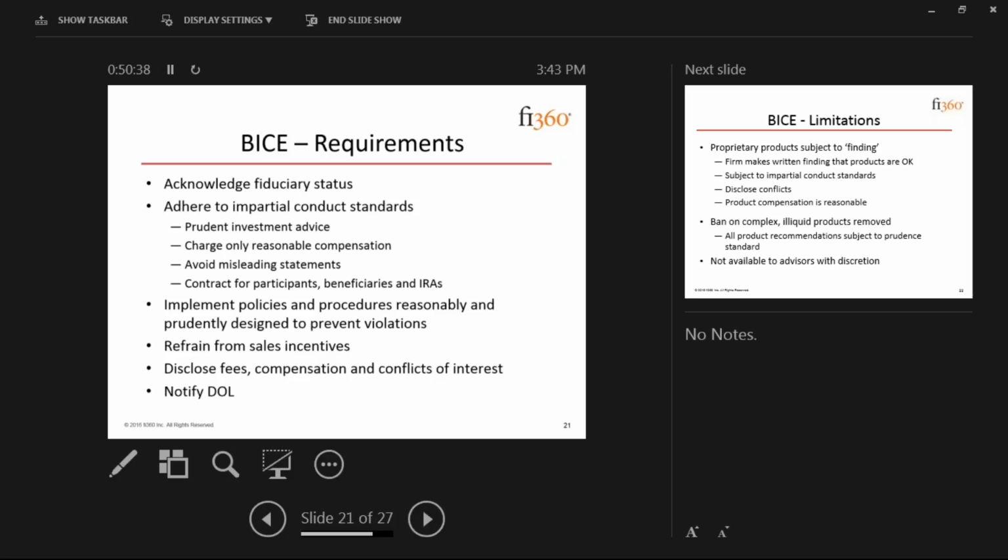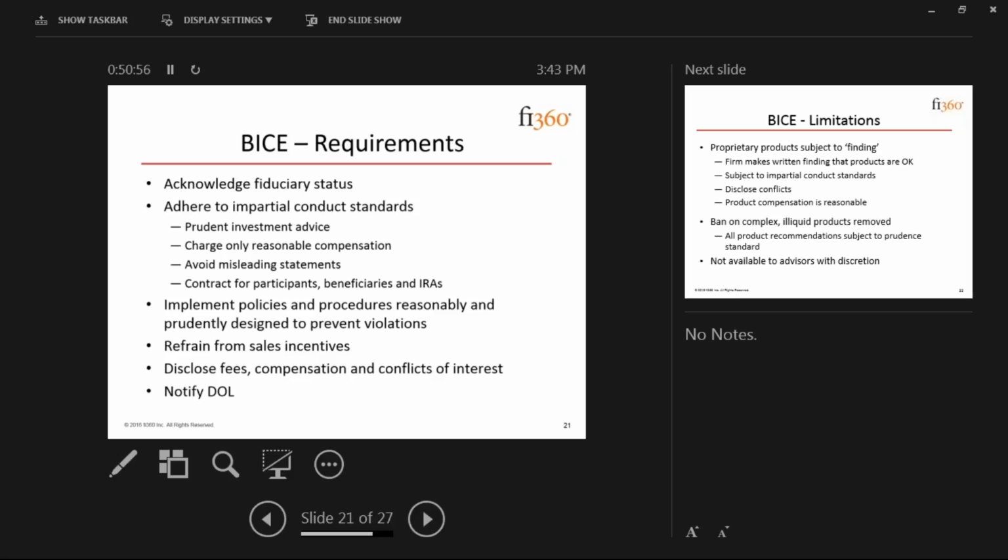So from a risk management standpoint, they're adjusting their policies and procedures to accommodate this BICE arrangement, assuming the firm has made the decision to operate under BICE. And the policies and procedures can be viewed and deemed that, in fact, that's what they're doing.